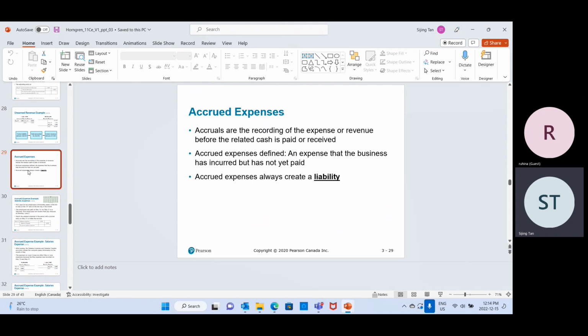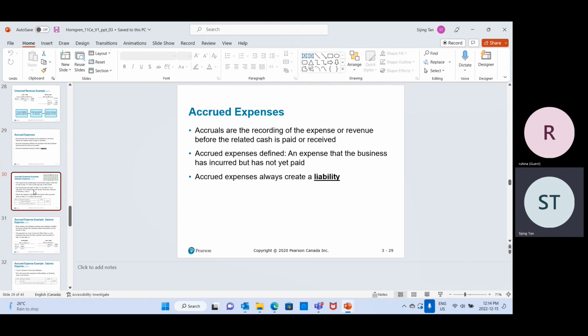Then, because it's already past the date and the salary hasn't been paid out, I have to record an adjusting entry for that salary payable, which is a liability. So remember, accrued expenses, we treat as a liability. Okay, unearned revenue is a liability, accrued expenses a liability.